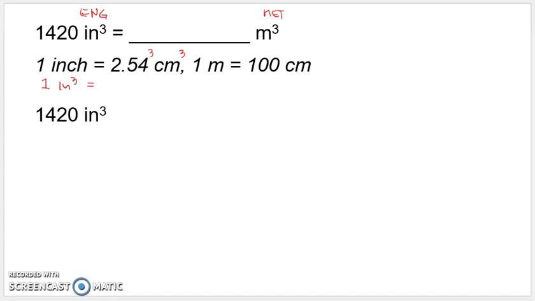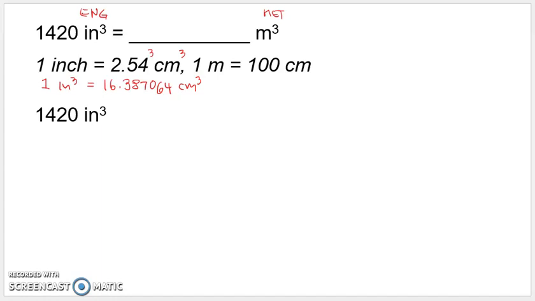2.54 cubed is, oh gosh, a big number. It's equal to 16.387064 centimeters cubed. Now let's do the same thing for our meter and our centimeter.